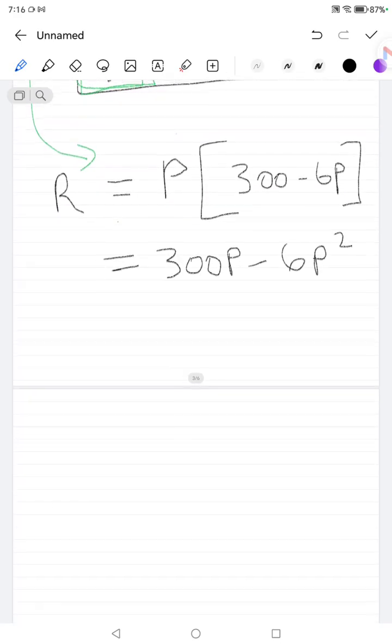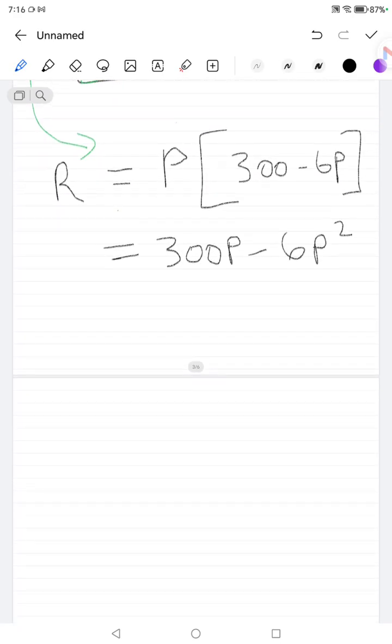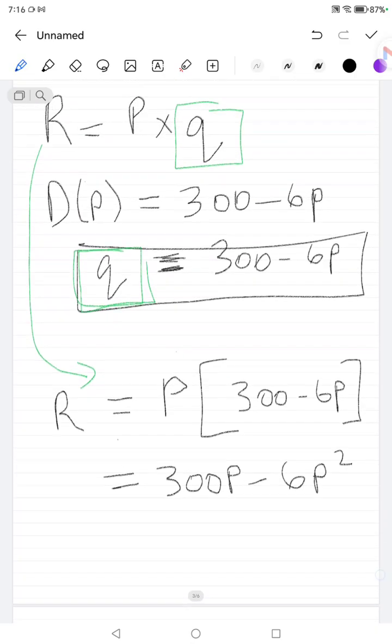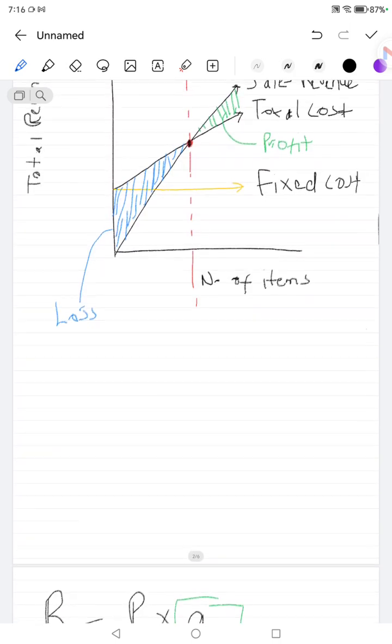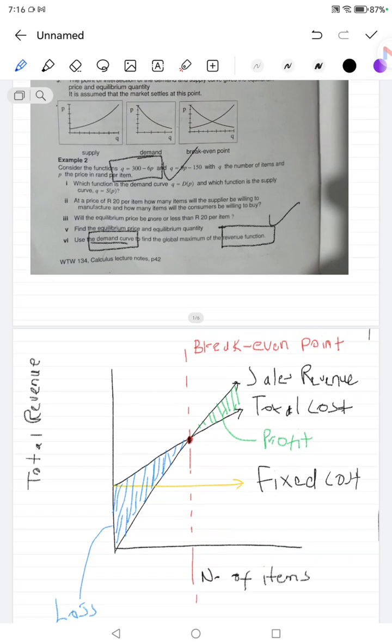You see? So what I basically did, I just replaced the Q with what was already given. Why am I doing that? They told me to use the demand curve to find the global maximum of the revenue function.